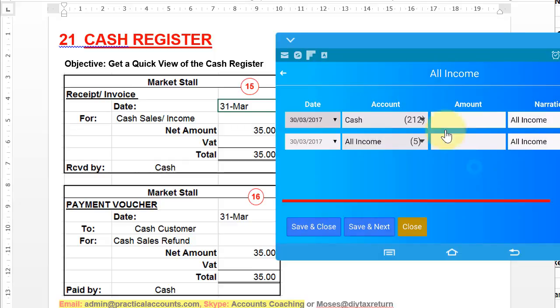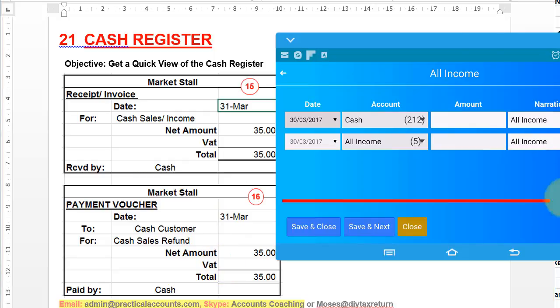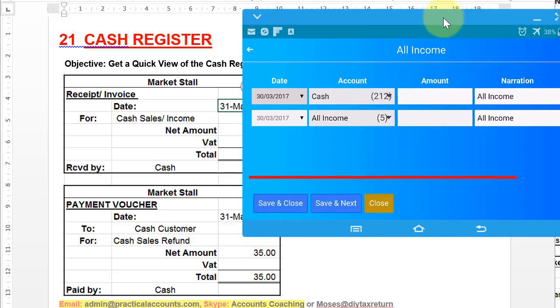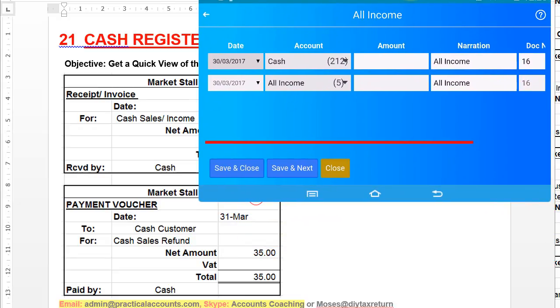That is done. Now the next document to record is 16. This number 16 is for a cash sales refund. What was sold here was brought back and the customer was given a refund. Now we use the same form, and the only difference is that the amounts should be flipped.